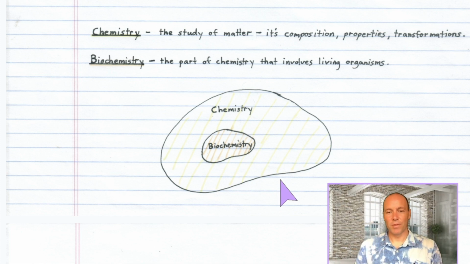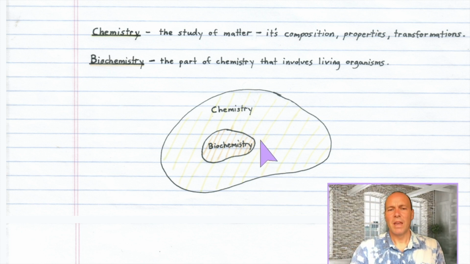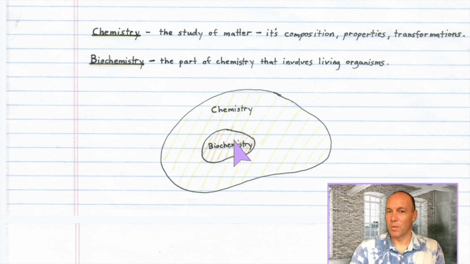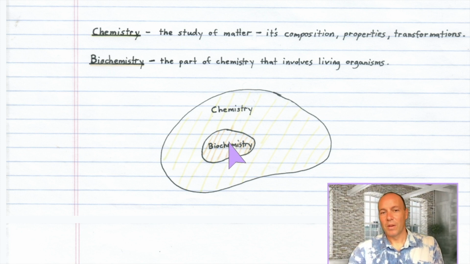It touches virtually all areas of science. And biochemistry is really a specialized part of chemistry, the part that involves living organisms. So in order to study biochemistry, we need to study chemistry and apply it to living organisms. So in this class, we go through quite a lot. We study chemistry, and everywhere we get a chance, we apply it to living organisms.